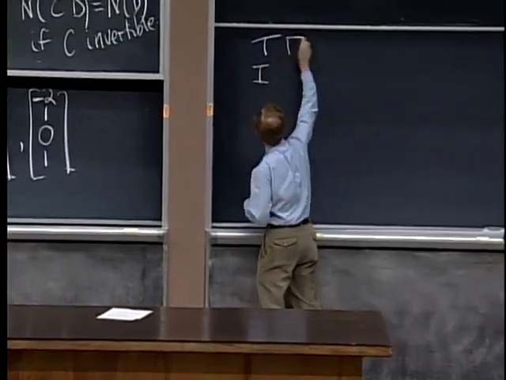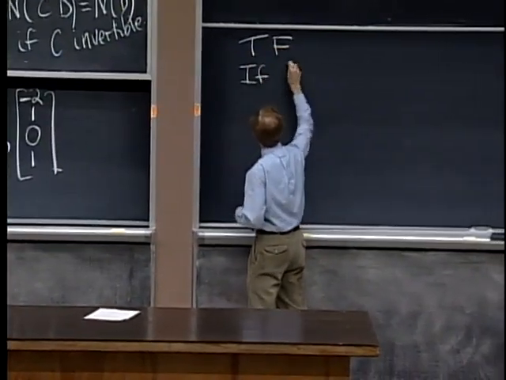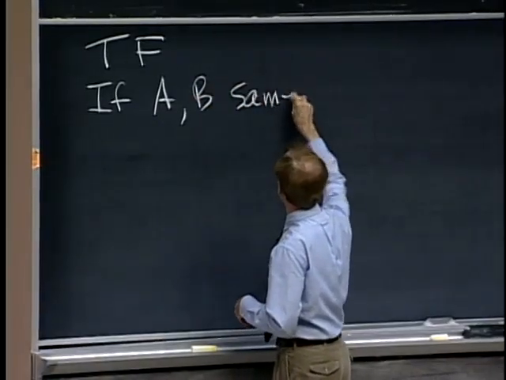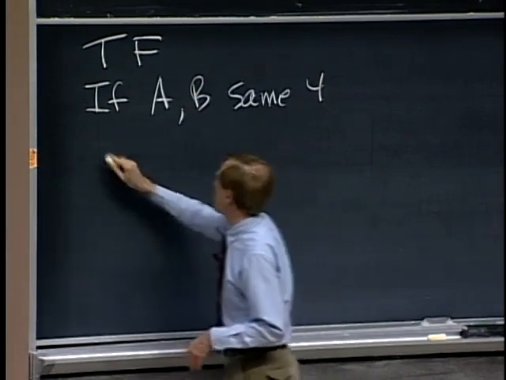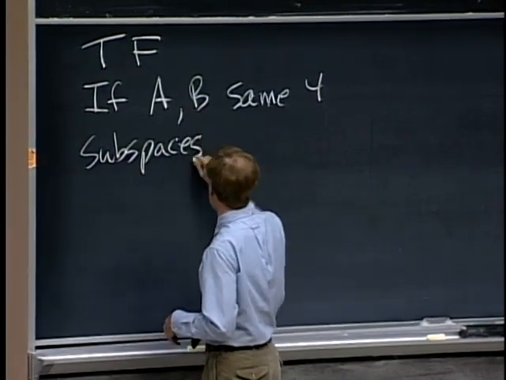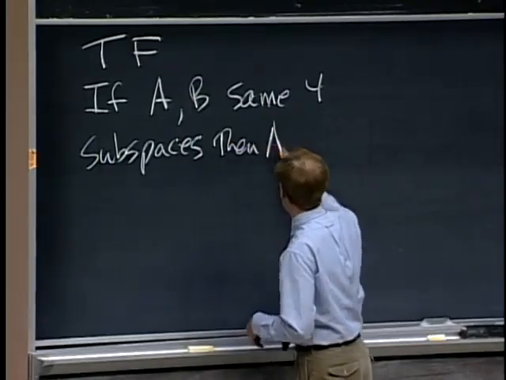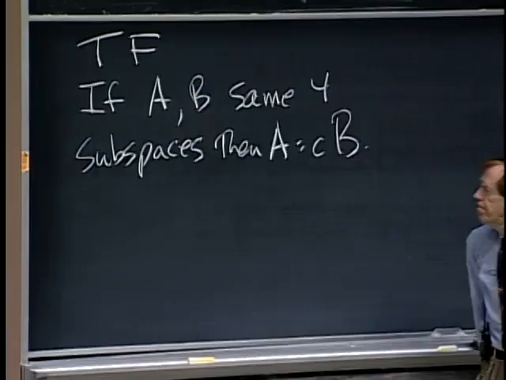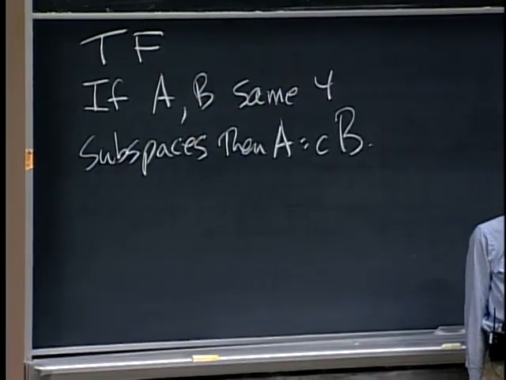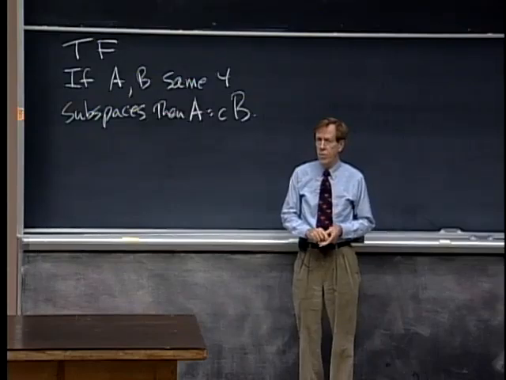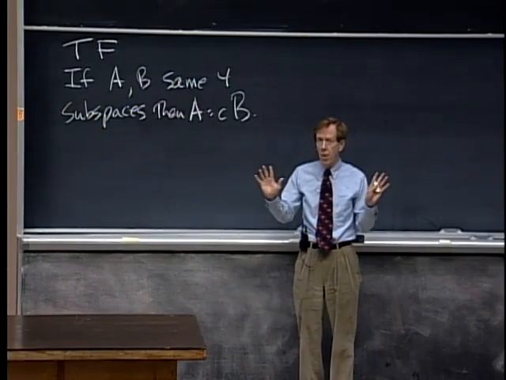True or false? If A and B have the same four subspaces, then A is some multiple of B. How do you feel about it at this instant? Got quite a few trues, so I'll take a poll.